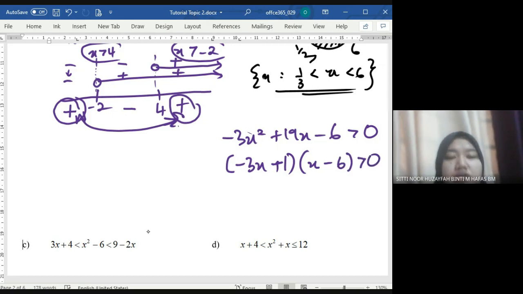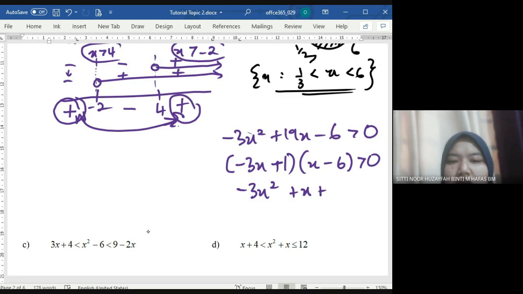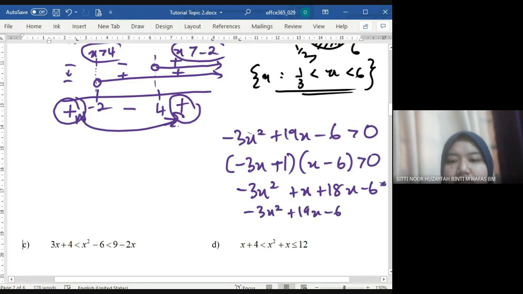Cuba you expand balik. Expand balik, you akan dapat negatif 3x kuasa 2 tambah x tambah 18x tolak 6. Baru dapat negatif 3x kuasa 2 tambah 19x tolak 6. Kalau you factorize biasa you dapat calculator, you akan terus buat 3x tolak 1, x tolak 6 more than 0.